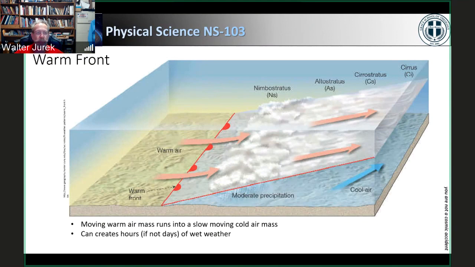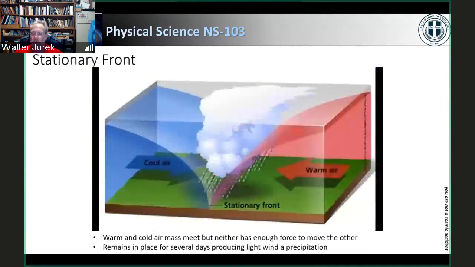There's another type of front called a stationary front. That's when the warm and the cold sort of run into each other and they sort of stall out and you can get some pretty horrific weather. And it may just sit there for a few days.